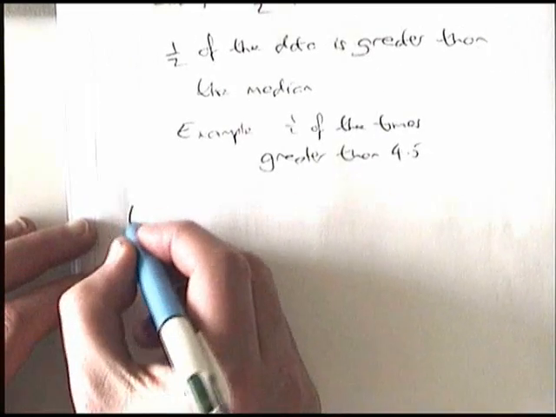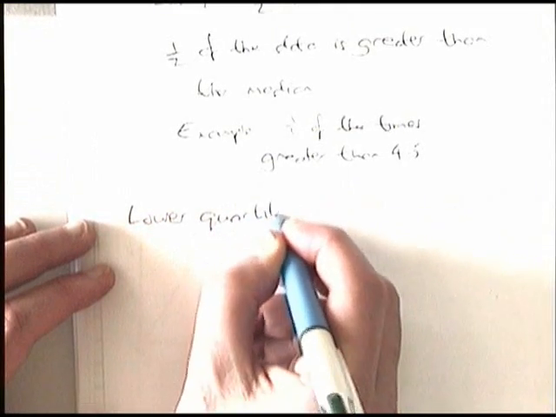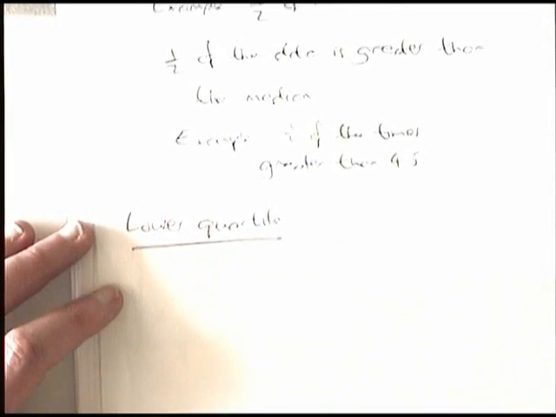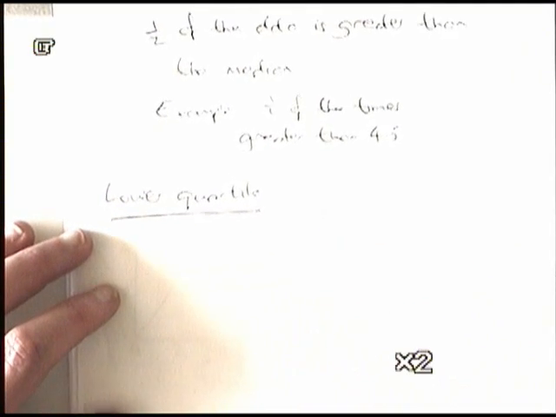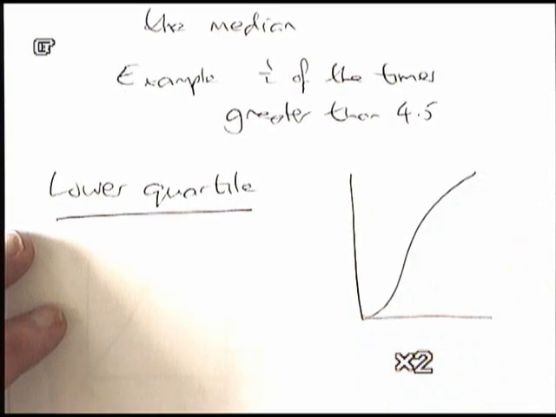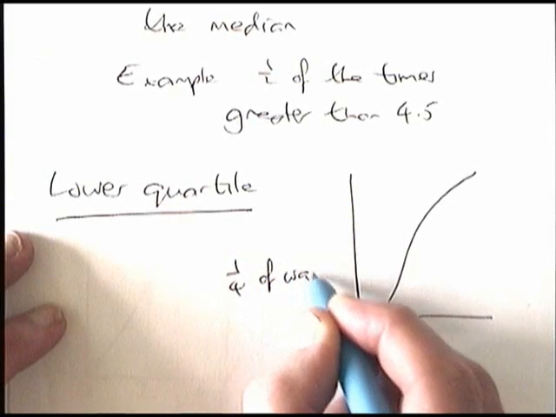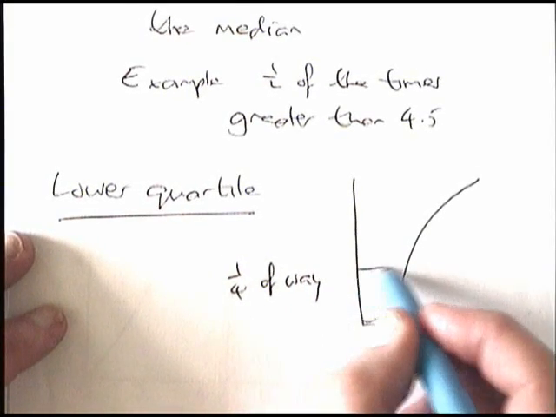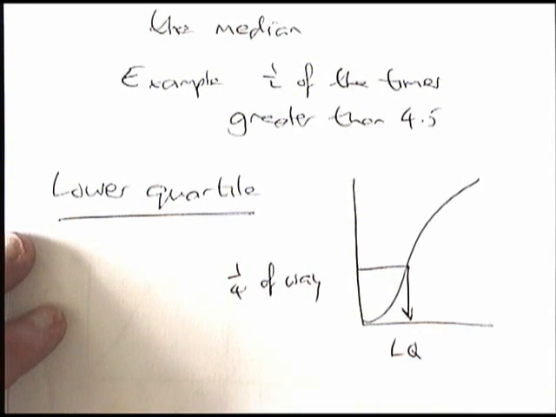The next thing is the lower quartile. Now if you've done the median, the lower quartile is dead easy. We're going to do another little sketch I want in your books, please. For this one, the lower quartile, a sketch of your axes and your curve. For the lower quartile, you go a quarter of the way up, along to your curve and down, and that gives you the lower quartile.